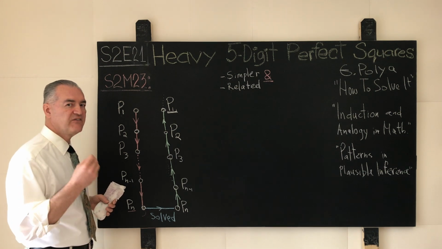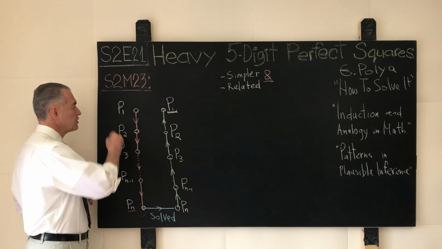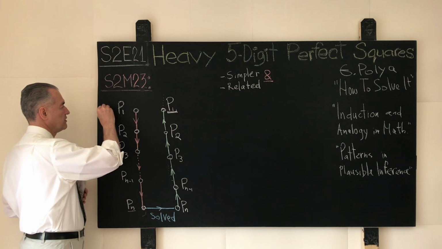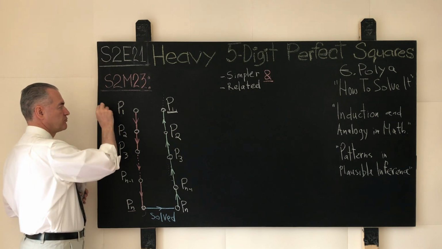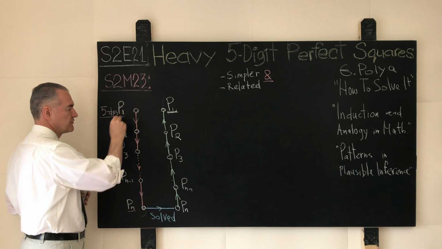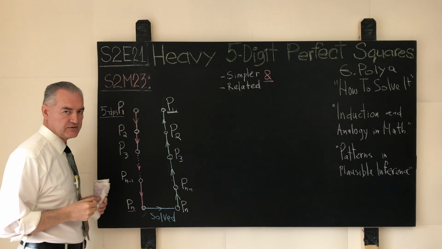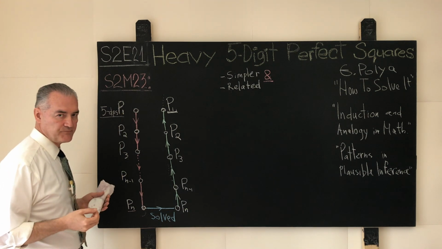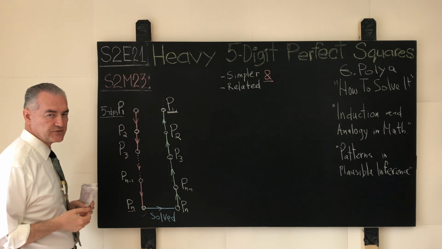We're dealing with a 5-digit perfect square. So here I'll write: the original difficult-to-solve problem is a 5-digit perfect square, the problem that gives us grief, and we do not have any good idea of how to solve it.